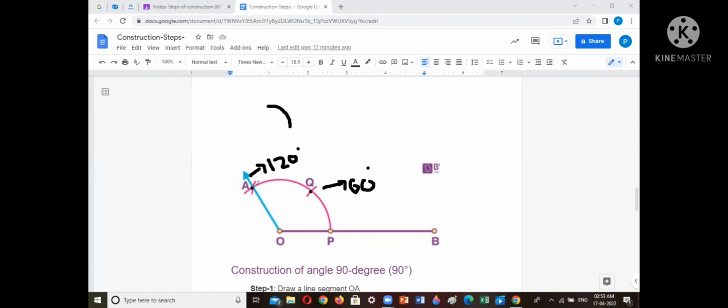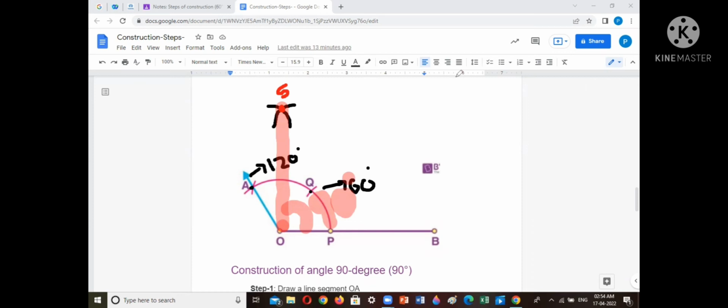Then we would keep the pointer of the compass on the point A, and make one more arc, which would be constructed on the first arc made from the point Q. We would name this point as point S. And now we will directly join the point S and point O. So that is our 90-degree angle.